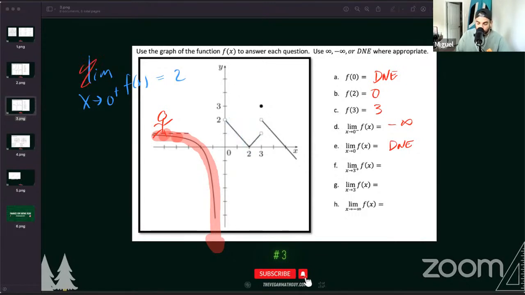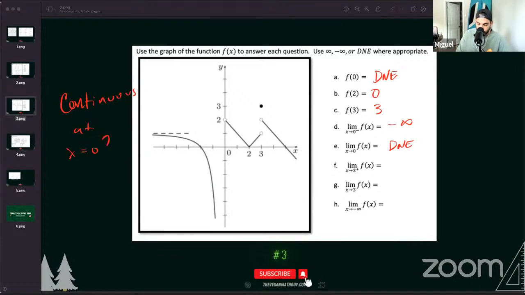Here's a bonus question. It doesn't seem like they were asking that. Is it continuous at 2? Or is it continuous at 0? I guess that's my question. Continuous at x is equal to 0. Well, the limit from the left and the limit from the right are two different things already. So it kind of failed that test.